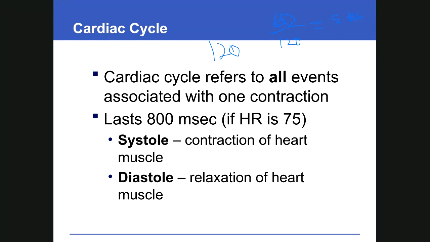That means that each beat is not taking 0.8, not taking 1, it's taking a half, which is just 500 milliseconds. So look, as your heart rate goes up, the amount of time for each beat goes down. Does that make sense to everyone?